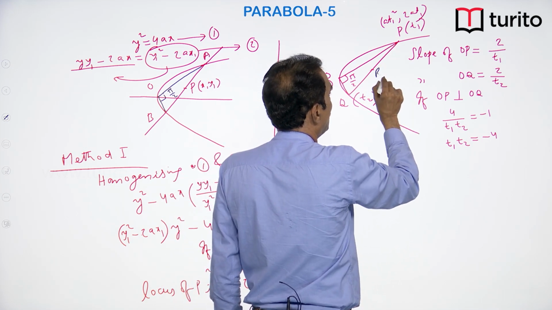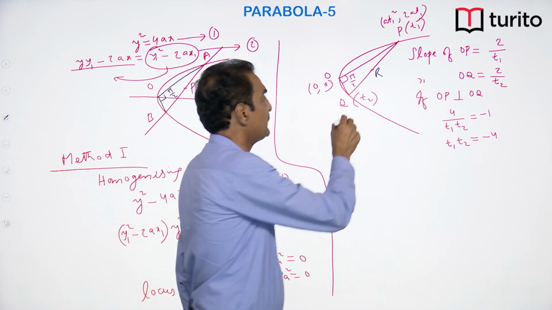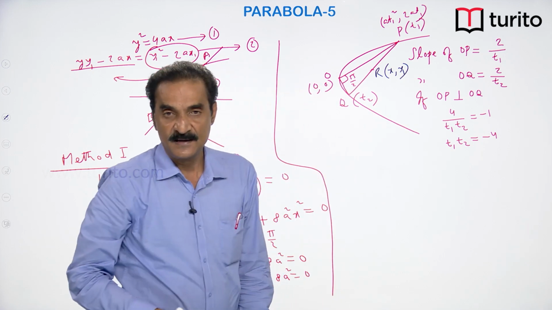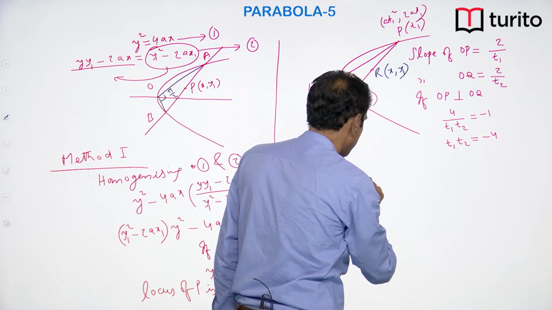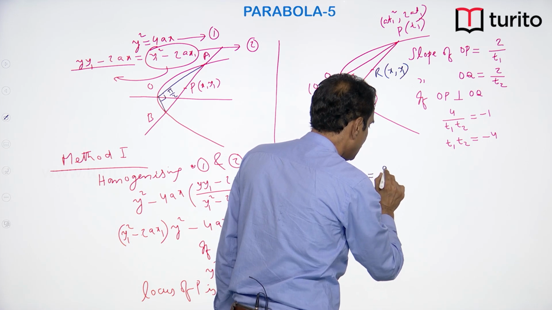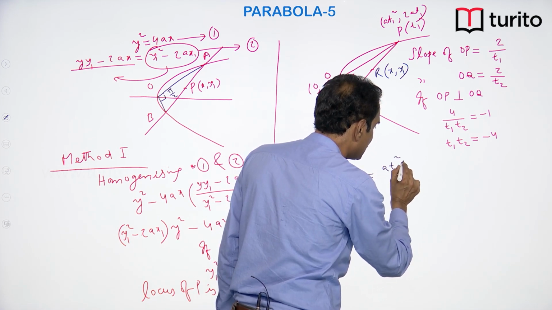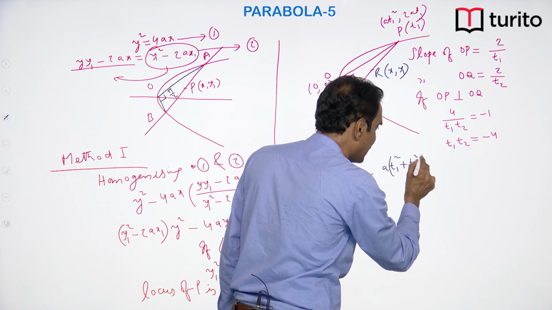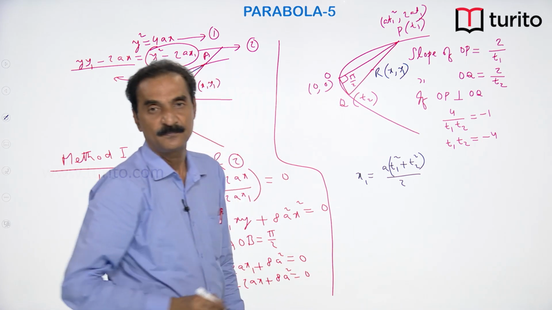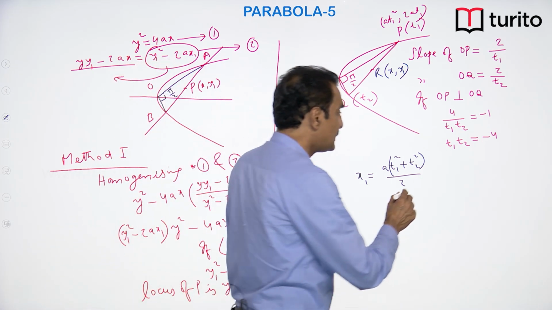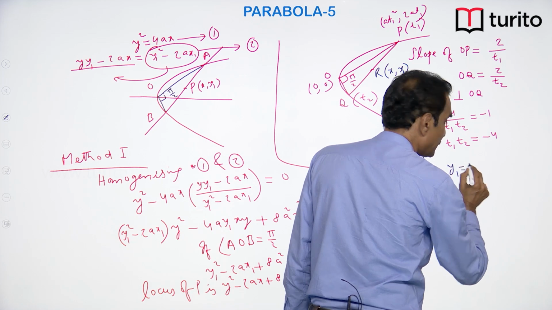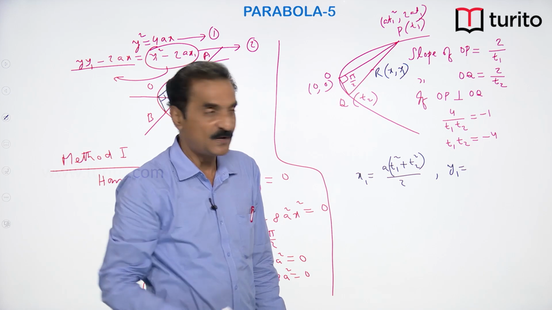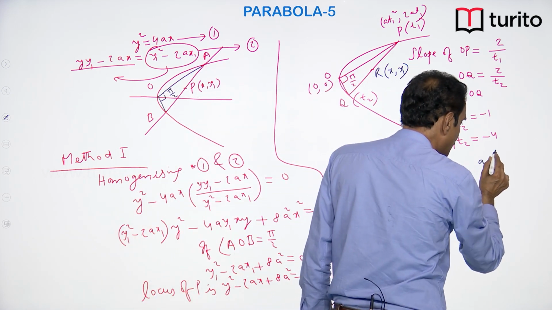Let this midpoint be R x1 y1. Then x1 is equal to a T1 square plus a T2 square by 2, that is a into T1 square plus T2 square by 2. y1 is equal to 2a T1 plus 2a T2 by 2, that is a into T1 plus T2.